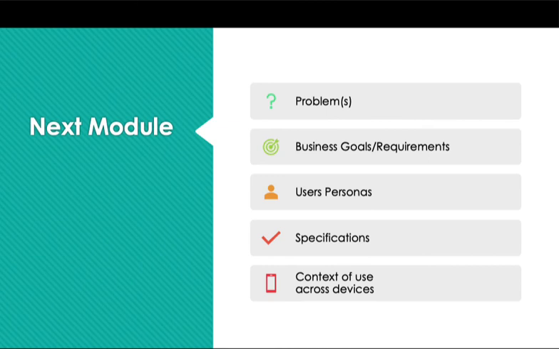And then looking at those requirements and the user needs and personas, as well as the context, perhaps doing some story mapping and developing specifications for the features that might be included in the app across multiple devices and across the context of use.